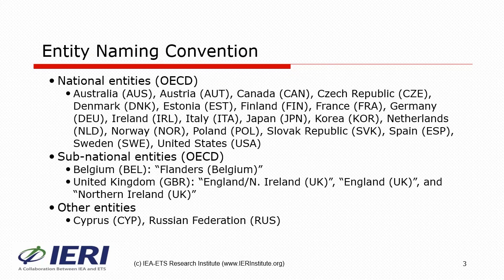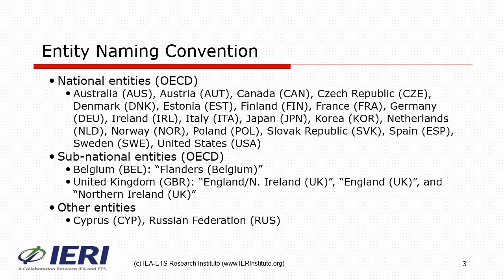Here are a few pointers to help you navigate the extensive dataset or databases. There are national entities that are OECD members, and you'll see Australia, Austria, Canada, and you'll see the three-letter code that identifies those national entities. There are also subnational entities that participate, like Belgium, Flanders.